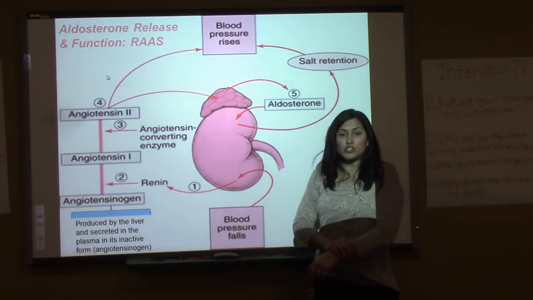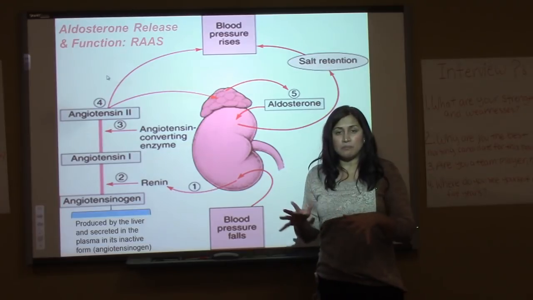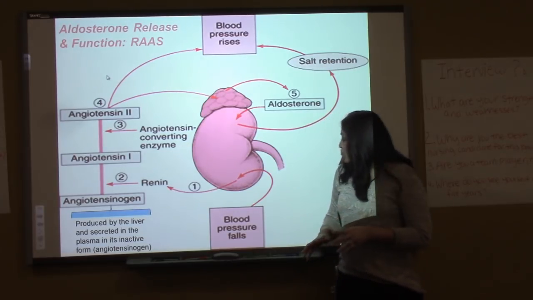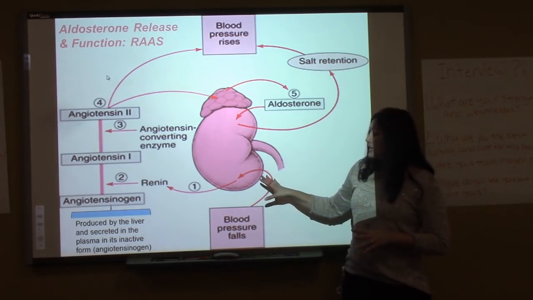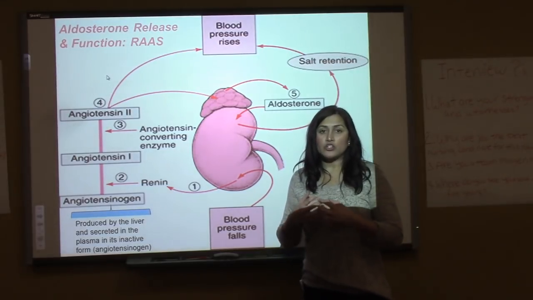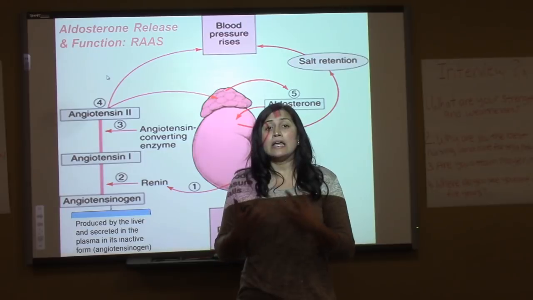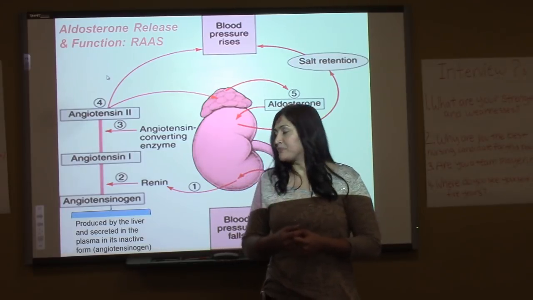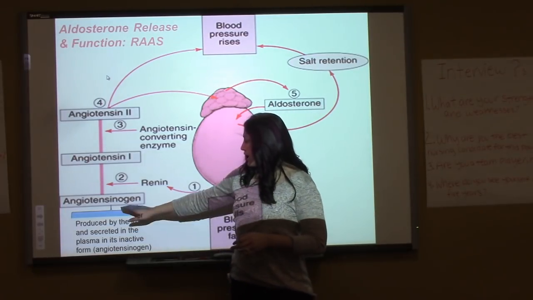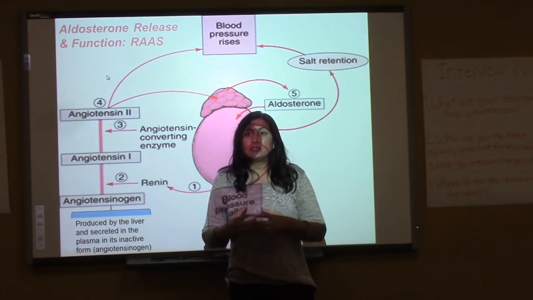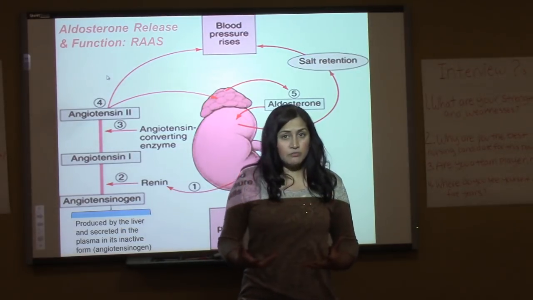Before I start, let me set up some background. Your kidneys, in the afferent arteriole, have baroreceptors, and the function of these baroreceptors is to detect blood pressure. Another thing I want to say, angiotensinogen. This is an inactive protein.